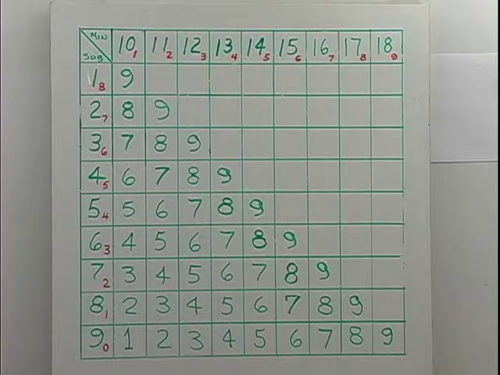If I want to subtract 2 from 11, I would just add the subscripts. 2 and 7 is 9, I'll put a 9. 12 minus 3, 3 and 6 are 9. 18 minus 9, 9 and 0 is 9.